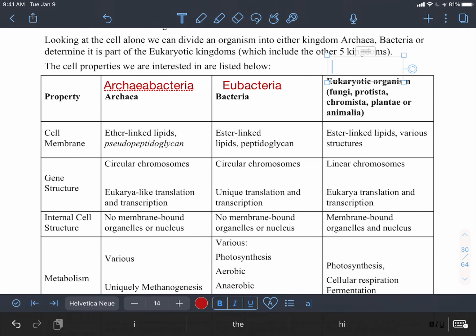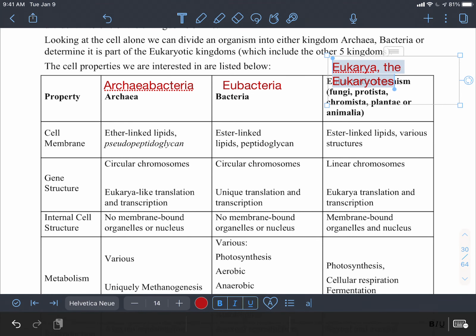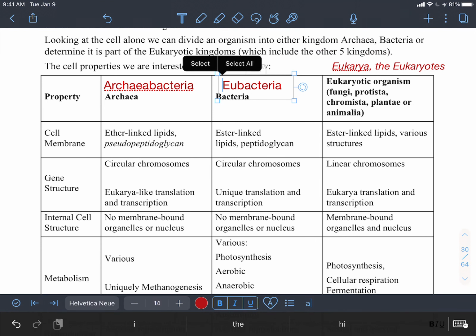Eukaryotic is also known as eukarya, and eukaryotes. Sometimes these organisms are known as the eukaryotes. So these are all sort of synonyms. I just want to put these out there into the world because these are the synonyms that we might find if we're looking for other resources.